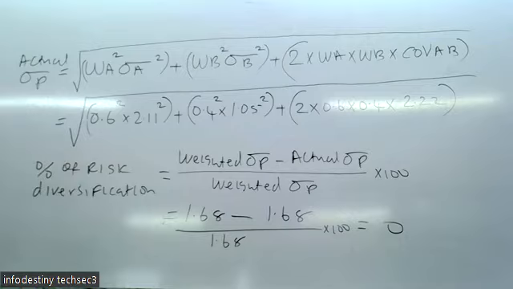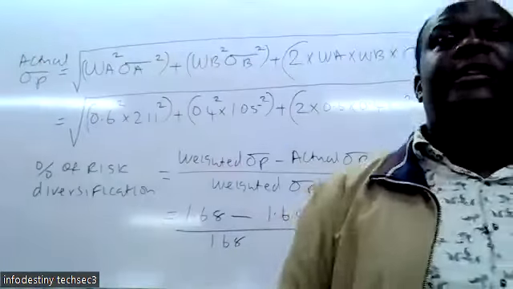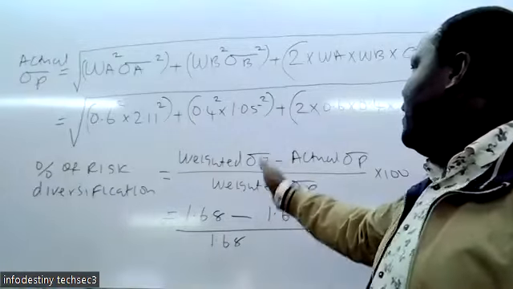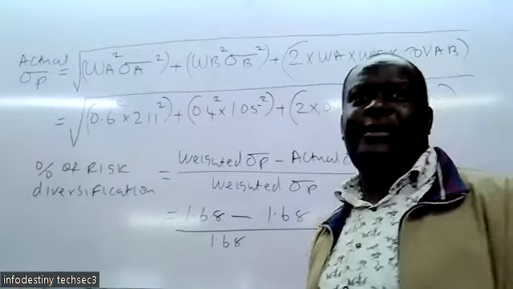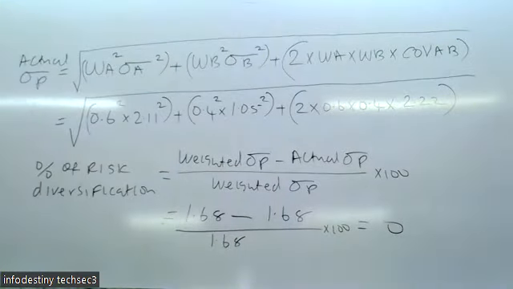That's why you're getting 0. Now, we had already calculated correlation coefficient was +1. So when it is +1, they are perfectly positively correlated. When they are perfectly positively correlated, there will be no risk minimization, simply because the weighted and the actual are the same.